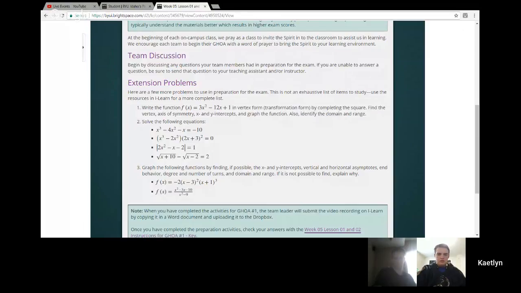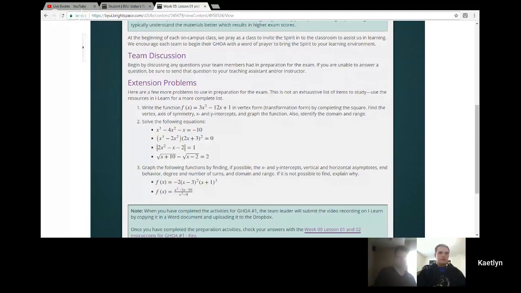Okay. So once you have it all, you should end up with 3 parentheses x minus 2 squared, minus 11. That's what I got. Yep. Sweet.